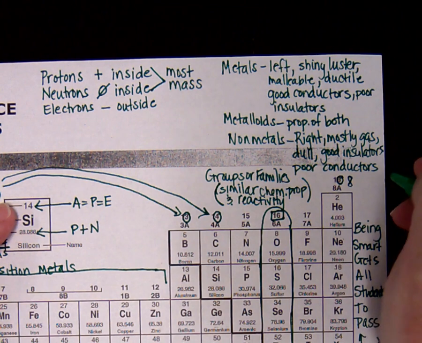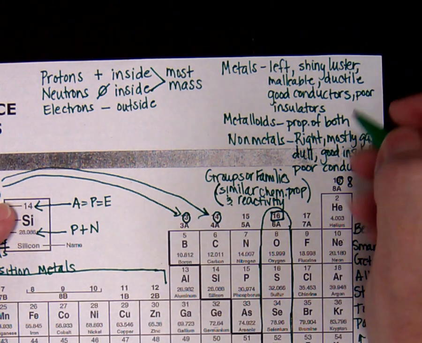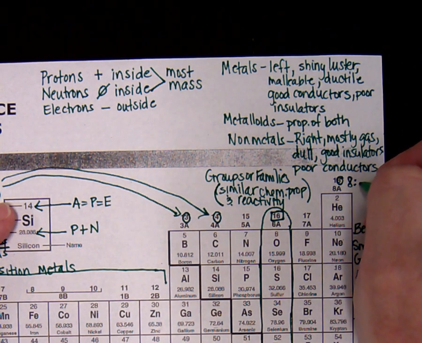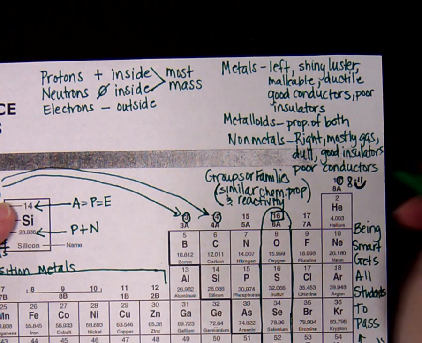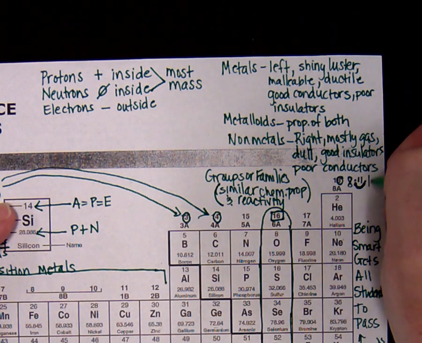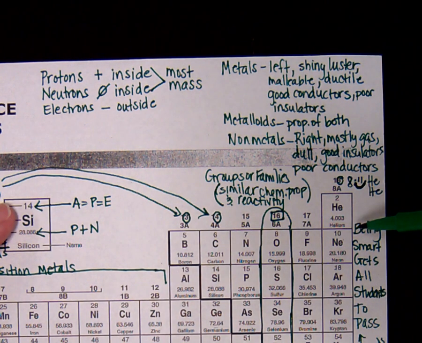So they have 8 valence electrons, which means that they are happy. He, because remember, don't forget helium. Helium has 2 valence electrons, but it still has a full shell and is still happy. It's still stable. So noble gases, 8 valence electrons, stable, non-reactive.